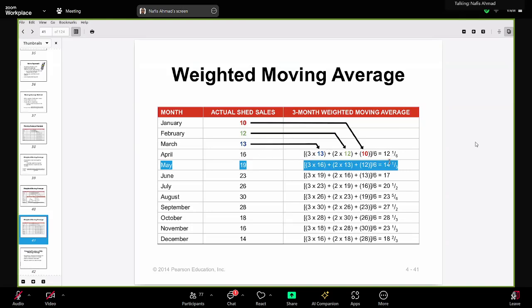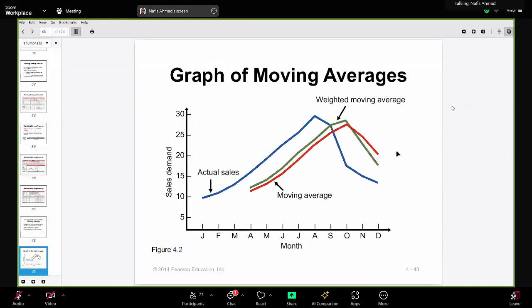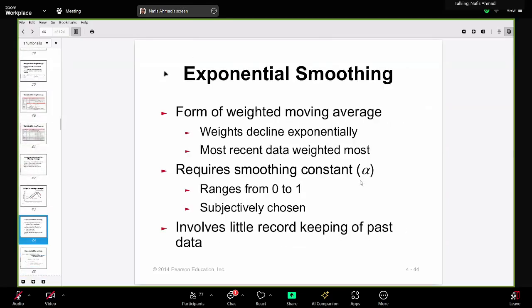We are ignoring the difference between actual and forecasted values. So if there is any inherent problem with our model, it will be ignored. That's why we use another technique called the exponential smoothing technique.